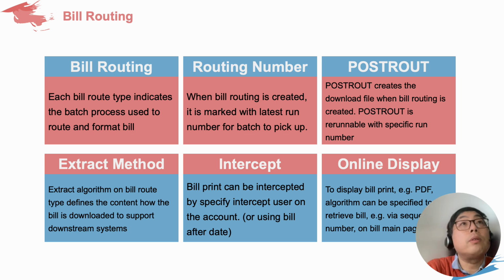So first of all, the bill routing type, as I was talking about, is a very important object to look at. Each bill routing type indicates the batch process used to route and format the bill. So you can specify different bill routing batches, if they could be different.